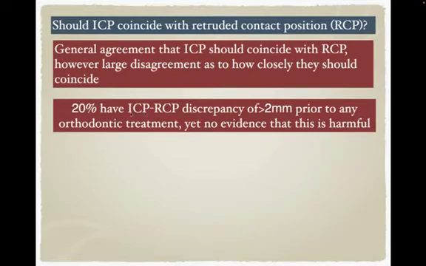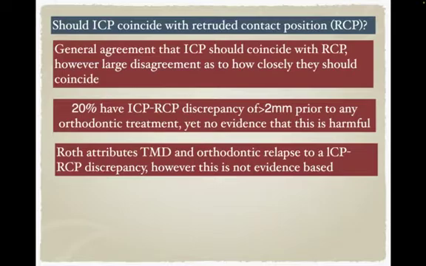So what they did here again, they examined patients who would like to go for orthodontic treatment, and they found 20% of those patients seeking orthodontic treatment having a discrepancy between the ICP and RCP of more than 2 millimeters, and even with this discrepancy they did not have any problem. So again, having a discrepancy between the ICP and RCP did not result in a problem.